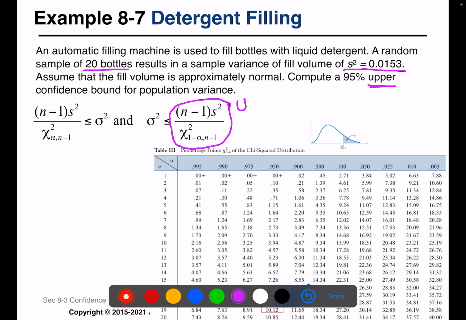So from this equation, we have n, so n minus 1 will be 19. We have s squared, that's 0.0153. The only thing we have to calculate is this guy, chi-squared of 1 minus alpha and n minus 1, right? And the question says 95%. Since it says 95%, that means that 1 minus alpha is 95.